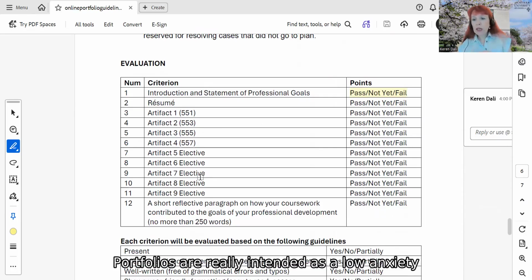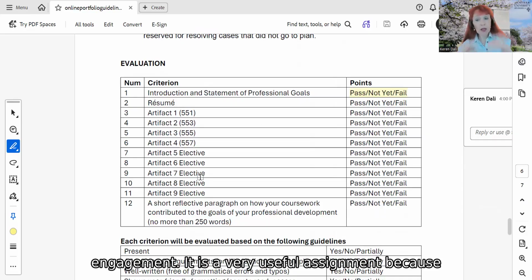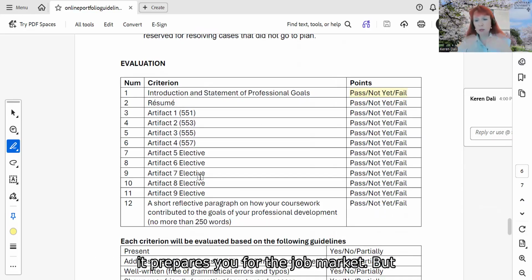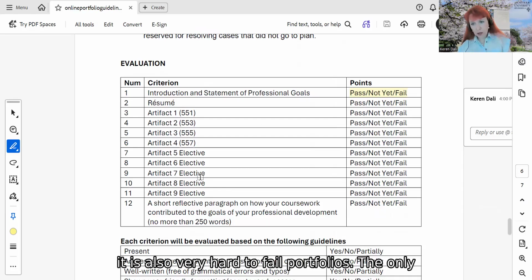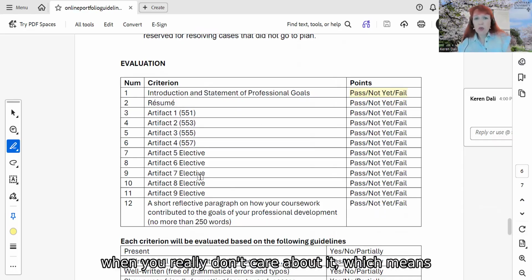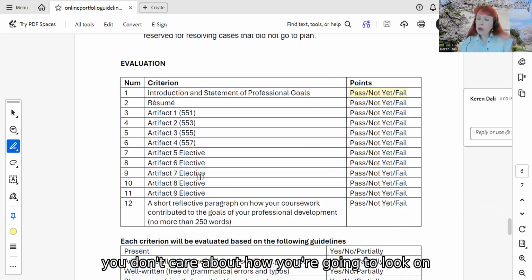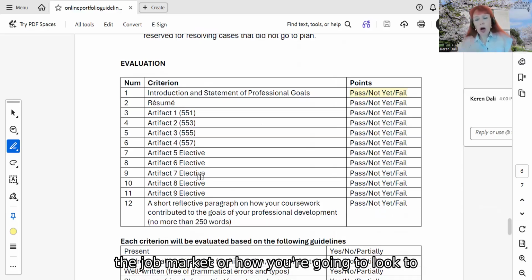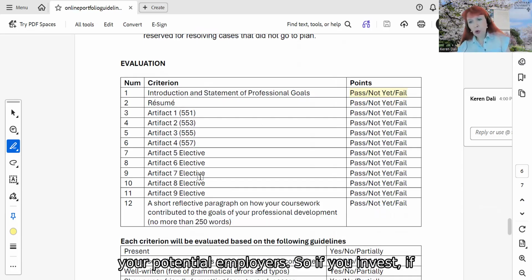Portfolios are really intended as a low anxiety engagement. It is a very useful assignment because it prepares you for the job market, but it is also very hard to fail portfolios. The only instance when you will fail the portfolio is when you really don't care about it, which means you don't care about how you're going to look on the job market or how you're going to look to your potential employers.